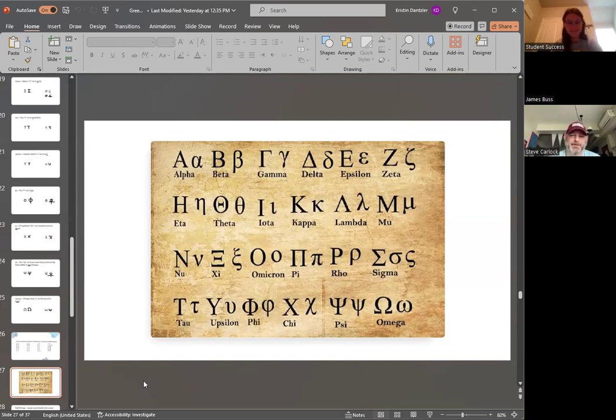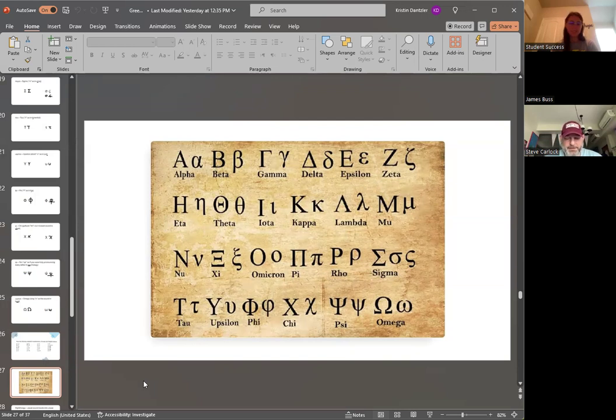Alpha, beta, gamma, delta, epsilon, zeta, eta, theta, iota, kappa, lambda, mu, nu, xi.